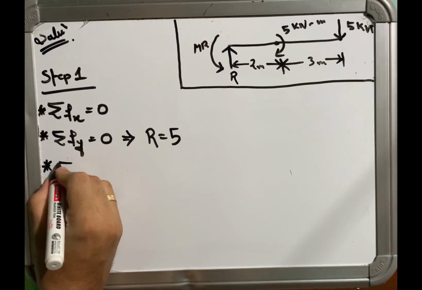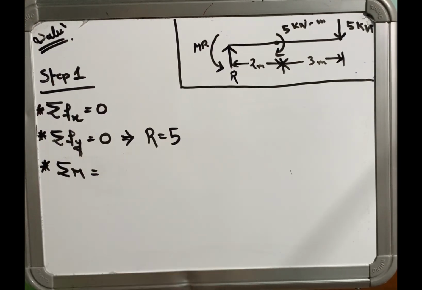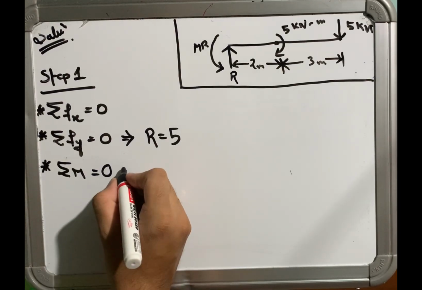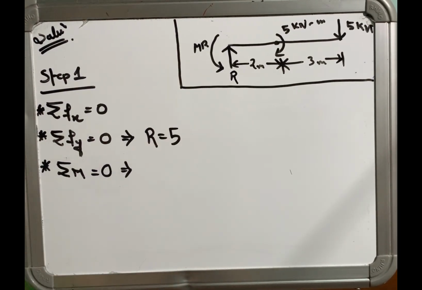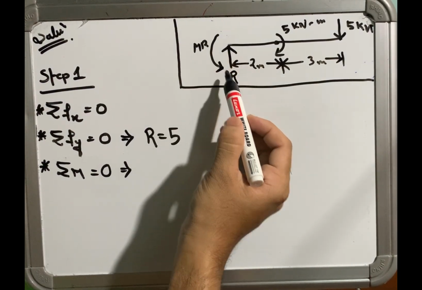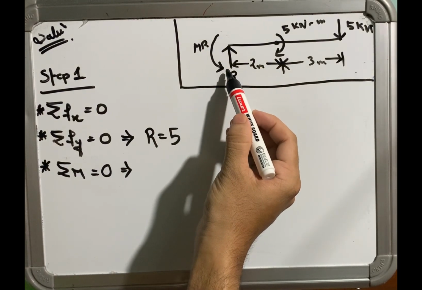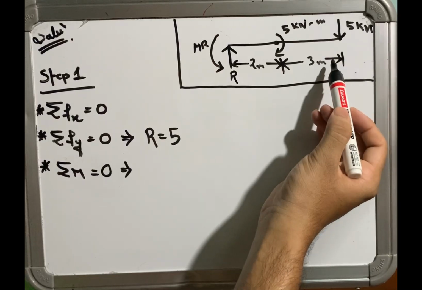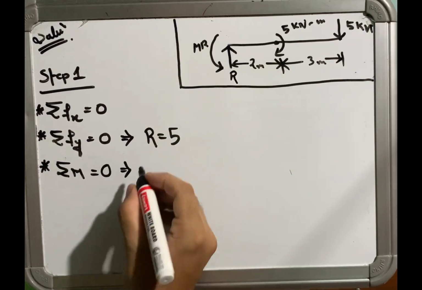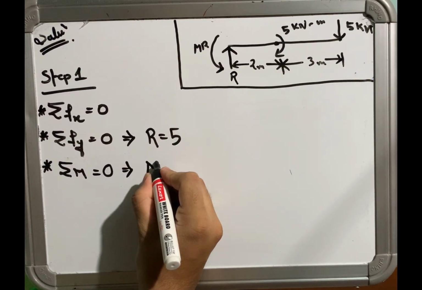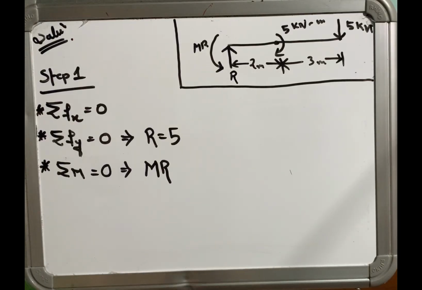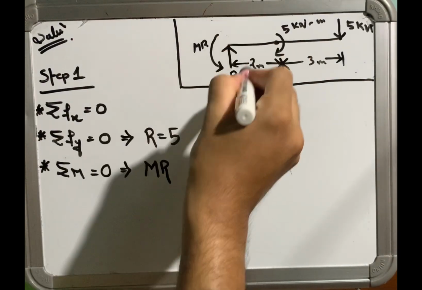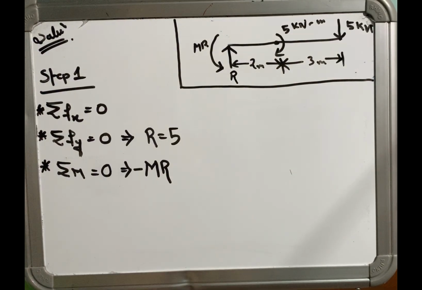Now for step 1, remember one thing. Let me finish the summation. Summation of moment equals 0. How many moments are there? First is this moment MR, because this is a cantilever beam, the moment will be there. MR is anti-clockwise direction, that's why it is minus.